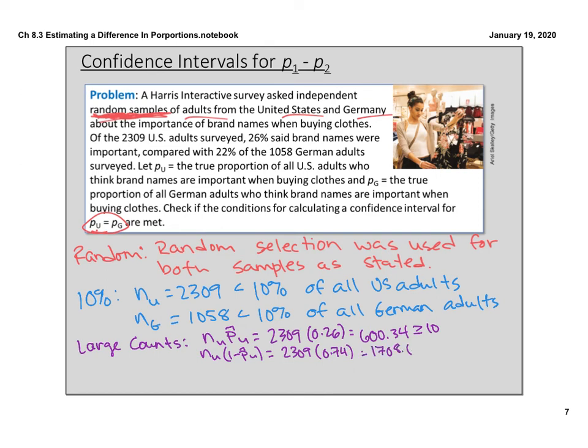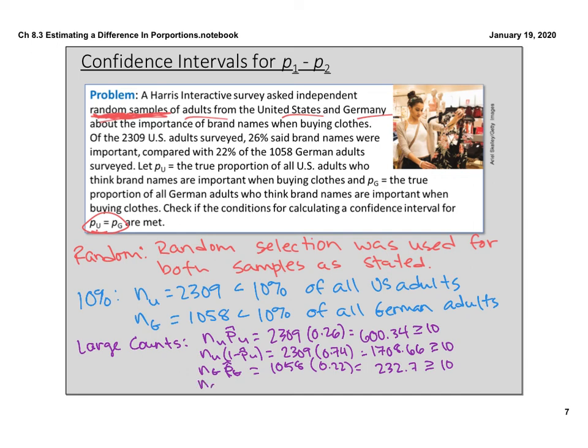So great, good, check. Then n_G times p hat G, 1,058 times 0.22 gives me 232.76, greater than or equal to 10.